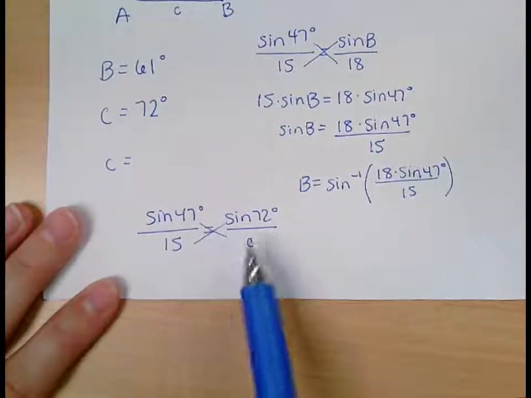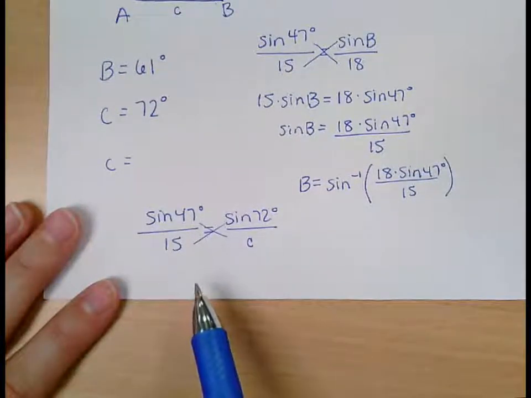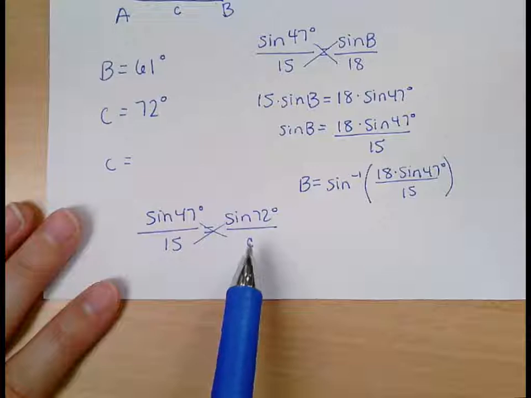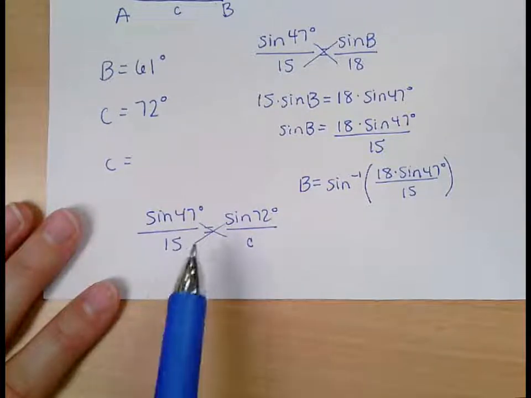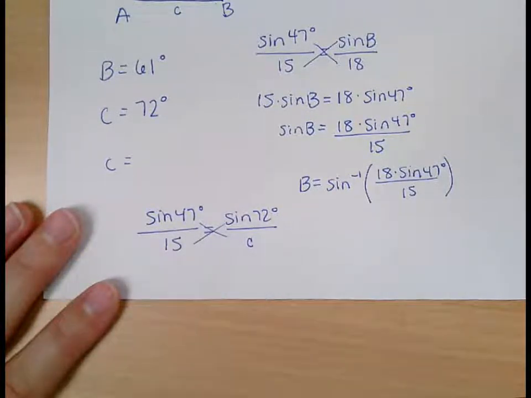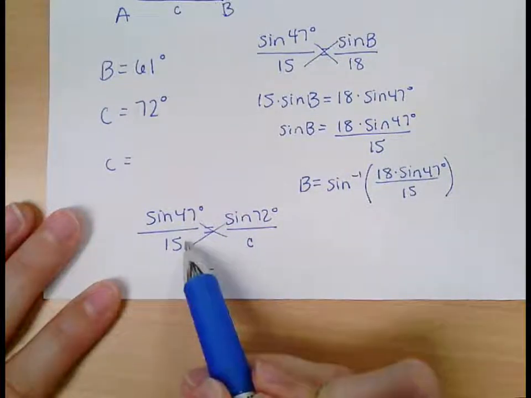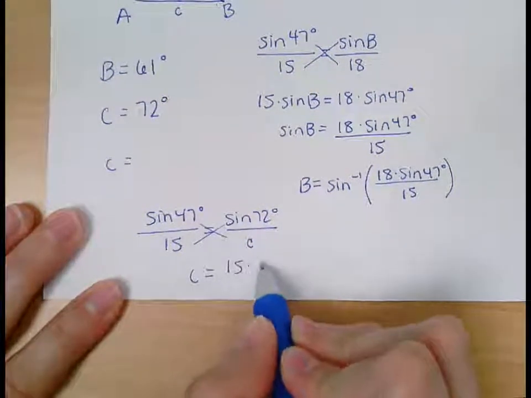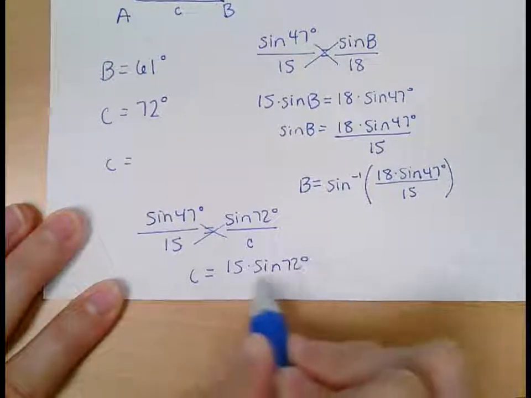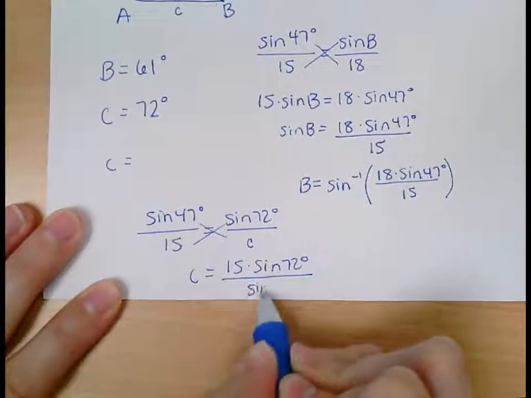And I'm going to just kind of skip ahead a few steps in writing this out. So to find C, we're doing the same process. And some of you do this already when you solve proportions. So C is going to be the product 15 times sine of 72 degrees divided by sine of 47 degrees.